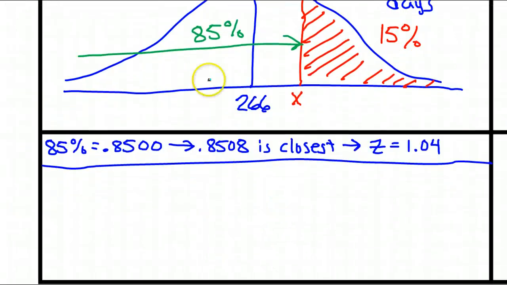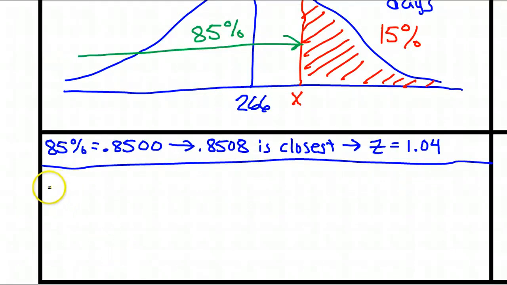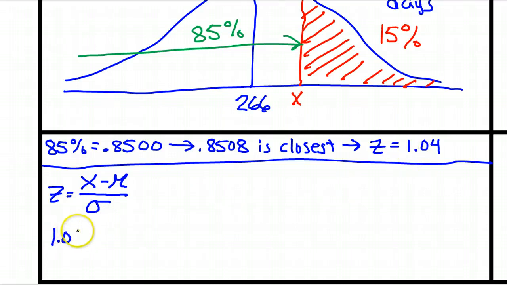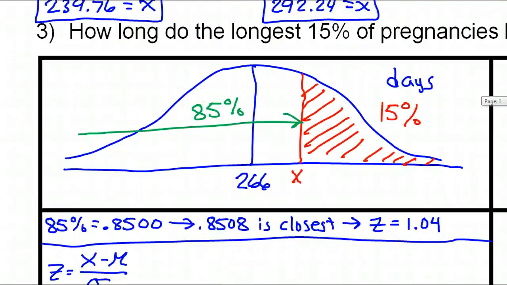All right, we are all familiar with the formula where z-scores come from. It's our value minus the mean divided by the standard deviation. If the z-score is 1.04, this becomes 1.04 equals the x value minus the mean, which is 266, divided by the standard deviation, which was 16. I can see it from the previous problem.